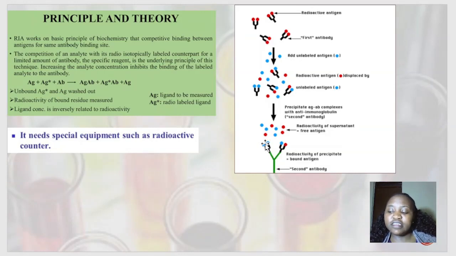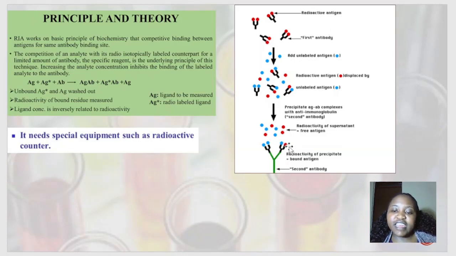Now, what is important in this case is the concentration of bound versus the unbound. If you take, for example, this secondary antibody that has bound to the first antibody, and we measure radioactivity, remember that the radioactivity is based on the red, which is the radioactive antigen here.